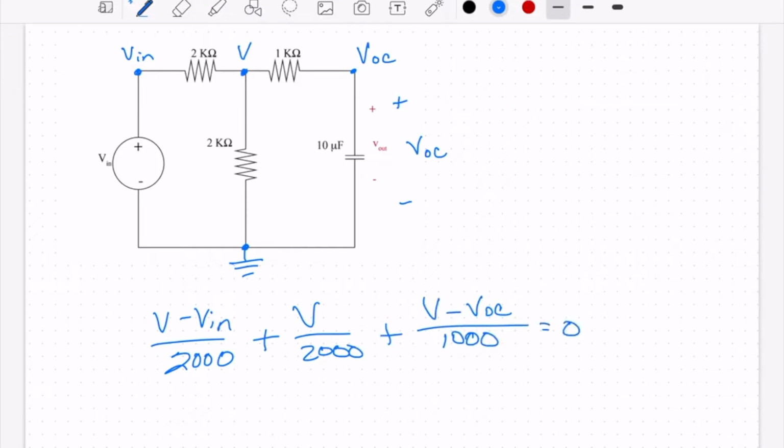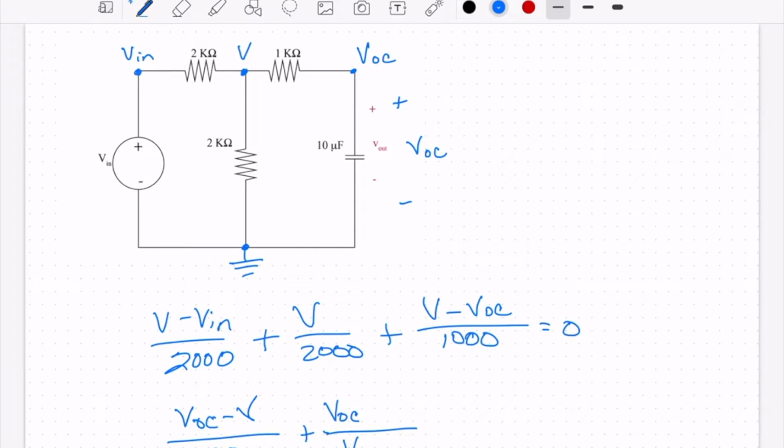The second equation we're going to write at this node, and we'll have the current leaving, VOC minus V over 1000, plus VOC minus 0 over this impedance, which is 1 over SC. Or in our case, it's going to be 1 over J omega C. So let's go ahead and write that: VOC minus V over 1000 plus VOC minus 0 over 1 over SC, is equal to 0.